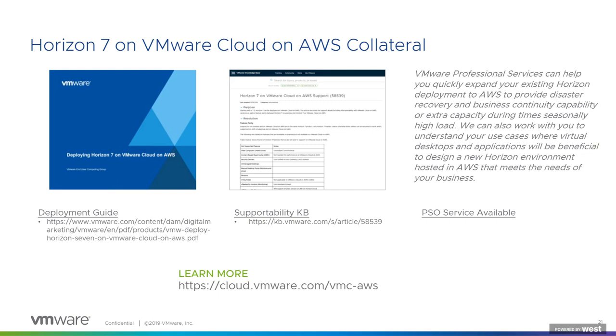Can I stand up Windows App Volume servers in native AWS with EBS and attach to the vCloud ESX host? Yes, you can stand up App Volumes Manager in native AWS EC2, but your VMDK case, your app stack, will need to sit in VMC in order for Horizon 7 to work properly.